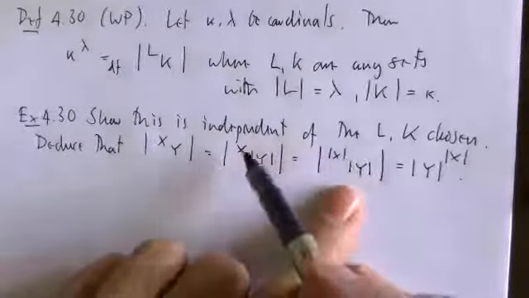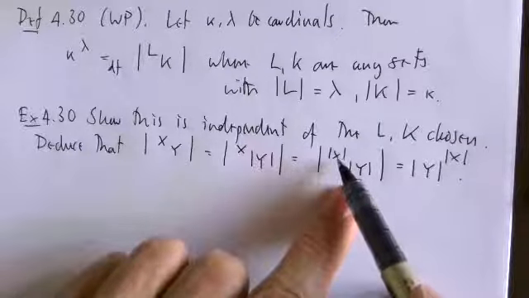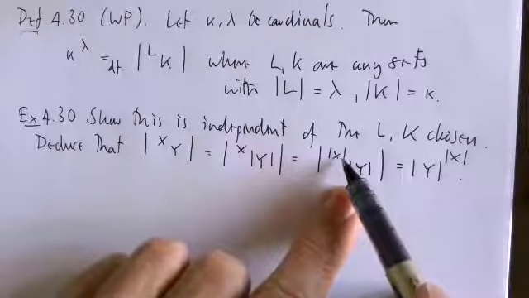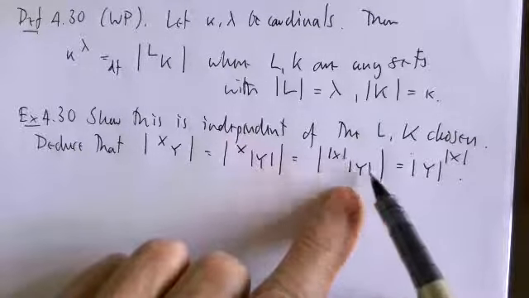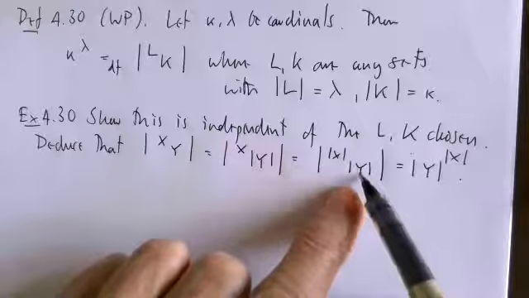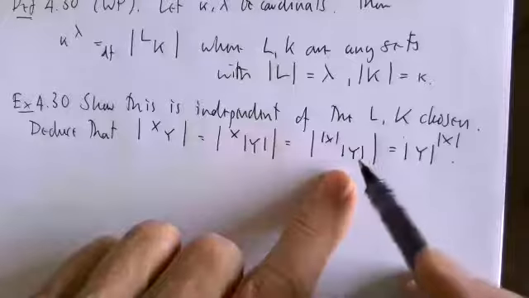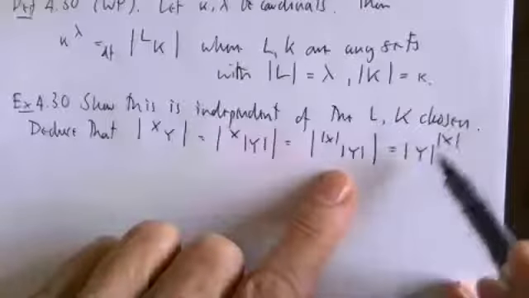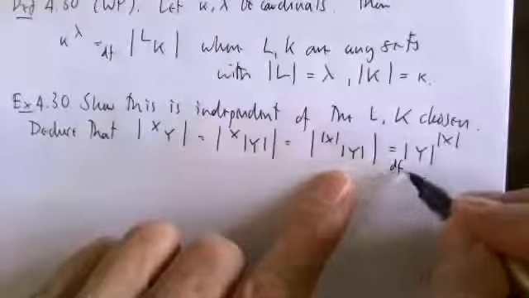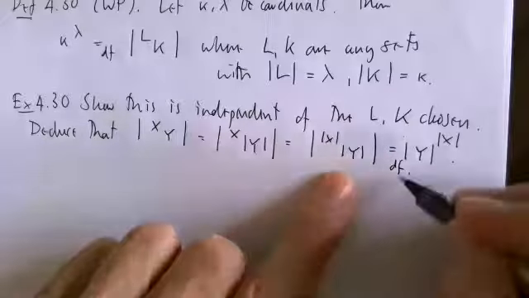And now here x has been replaced again by its cardinal number. And now this is the collection of functions from this cardinal number into that. Right? And the definition we've just given is this last bit. So this is definition 430.